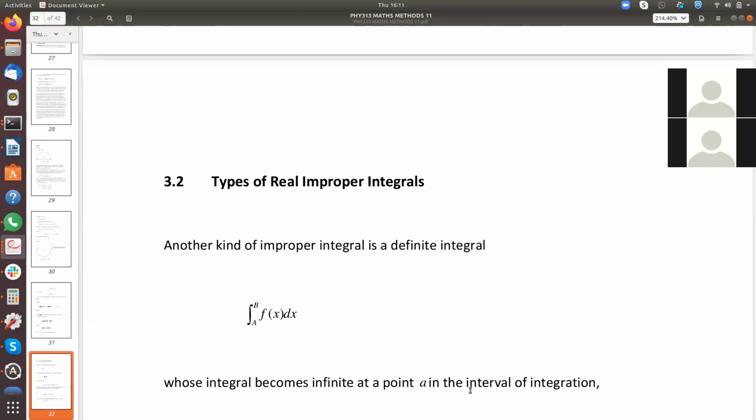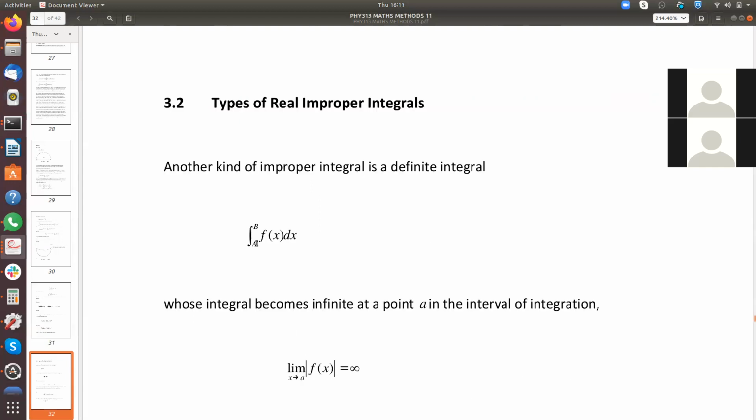So now let's look at types of real improper integrals. Another kind of improper integral is a definite integral. If you have the integral from a to b of f of x dx, whose integrand becomes infinite at a point a in the interval of integration, like what we did in the first week of the lecture when we looked at limits, then the limit of x tends to a of the absolute value of f of x is equal to infinity.